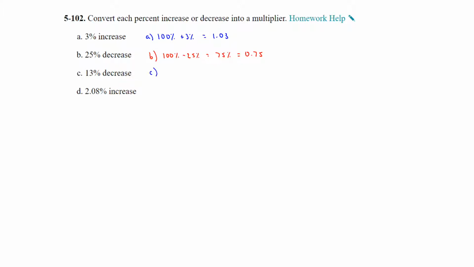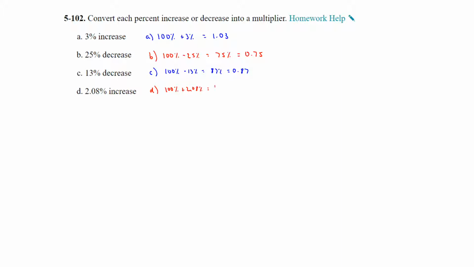On C, it's a 13% decrease, so you start at 100%, you subtract your 13%, and that would leave you with 87% as a decimal. That's 0.87. And then on D, we have 100% plus the 2.08% increase.